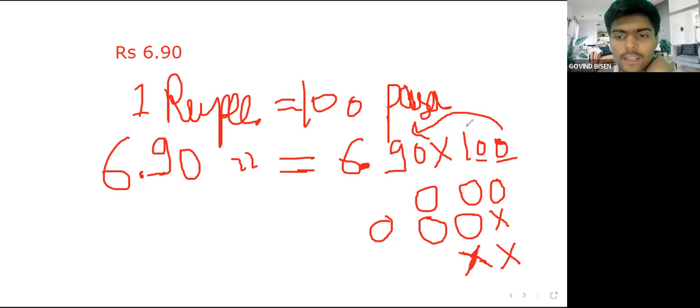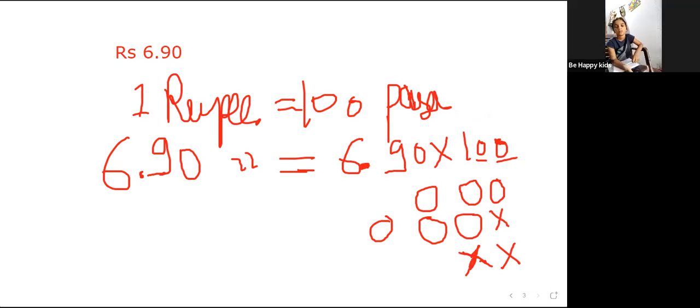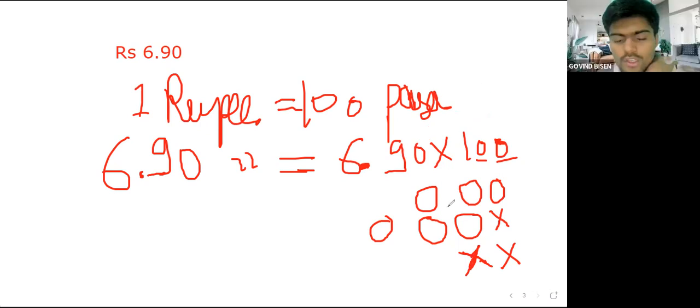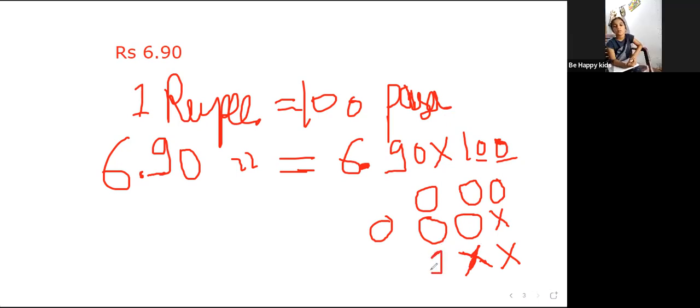And then we will multiply 1, first with 0. So what is 1 multiplied with 0? It is 0, sir.